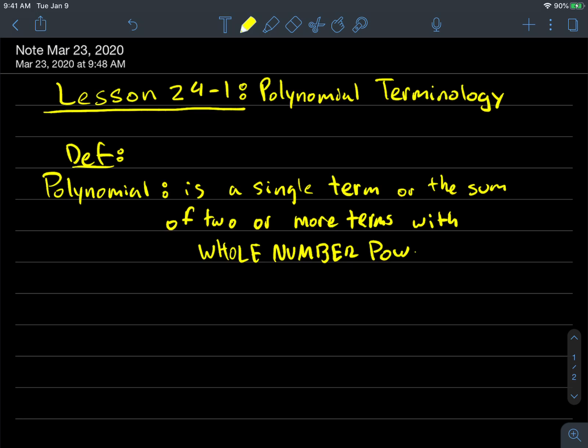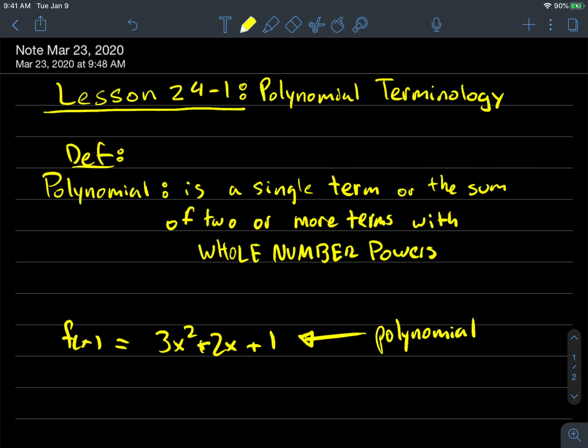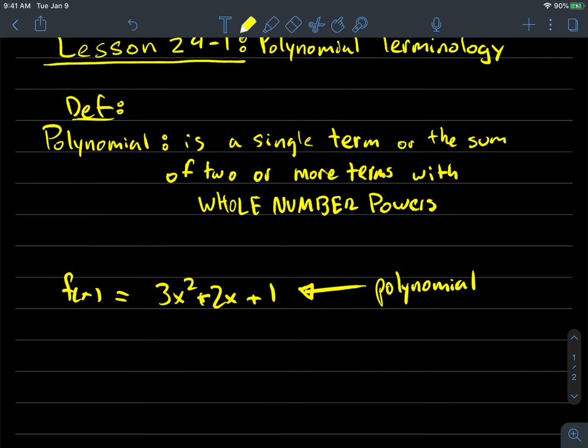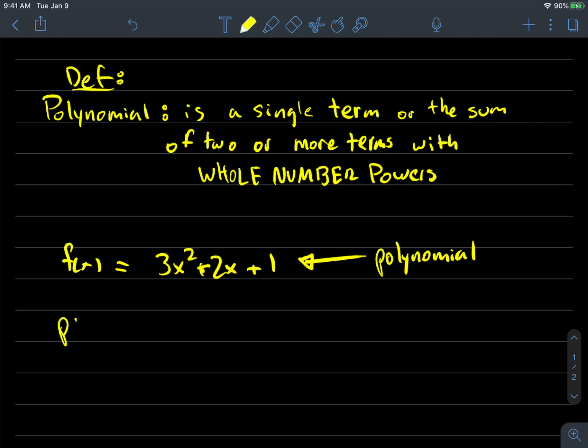What does that mean? It means if we have some function, f of x, is equal to 3x squared plus 2x plus 1, this here is a polynomial. And what else is a polynomial, you might ask? We also like using p of x.